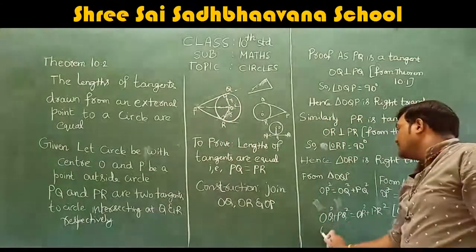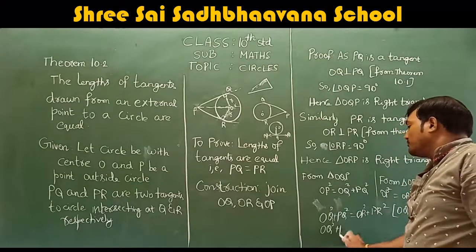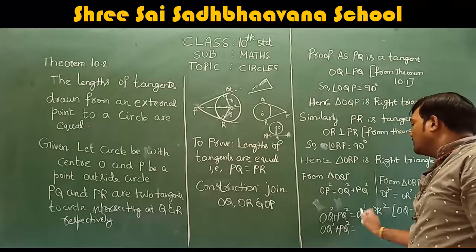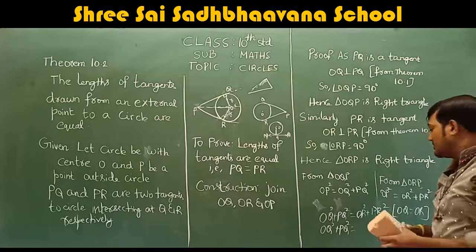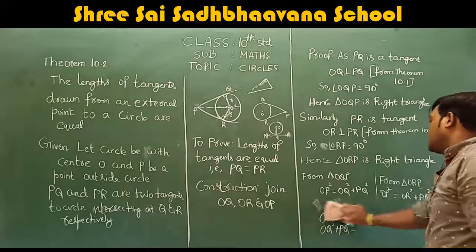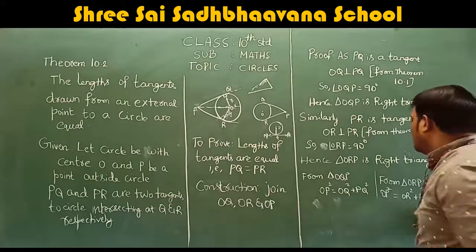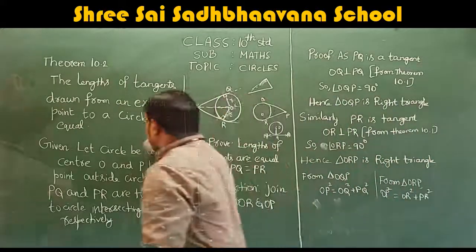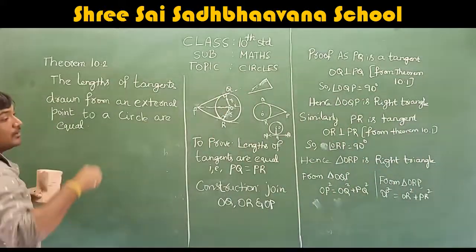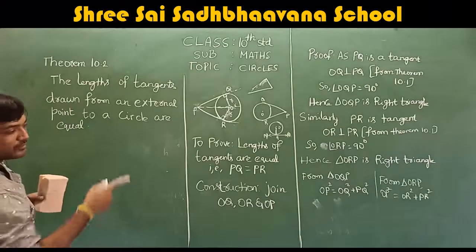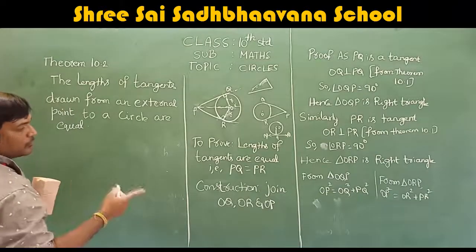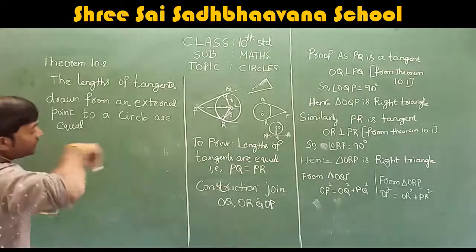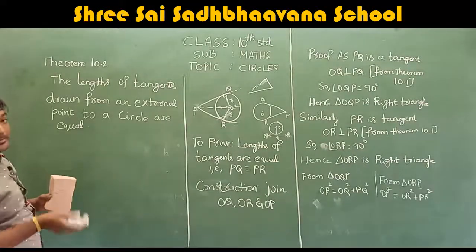Can I substitute in the place of OR? I'll just erase and write this so that it is visible properly. What is given? We got OP square is equal to OQ square plus PQ square, and OP square is equal to OR square plus PR square.